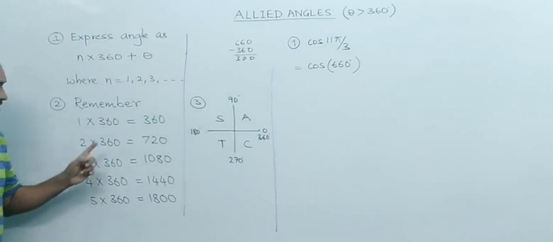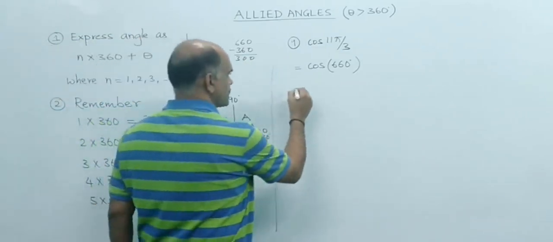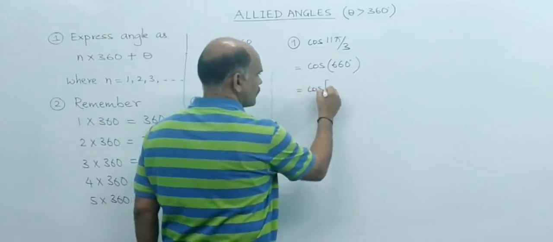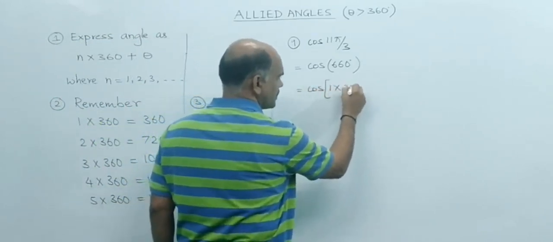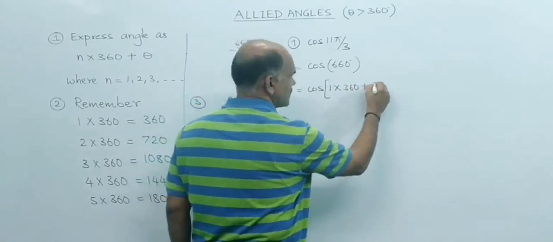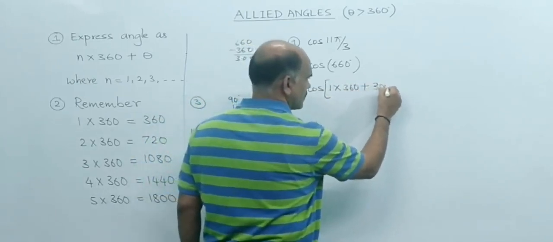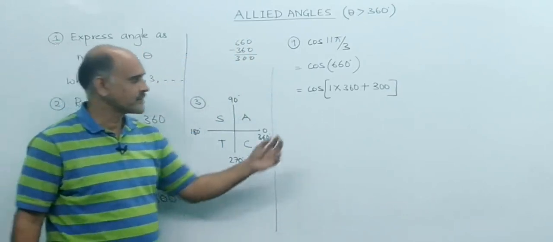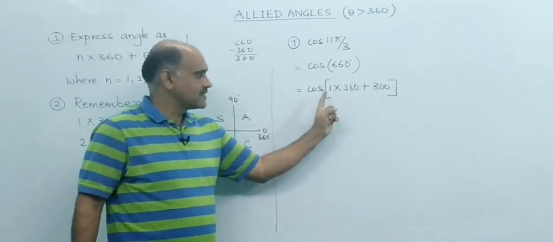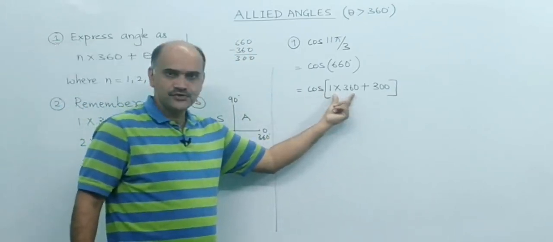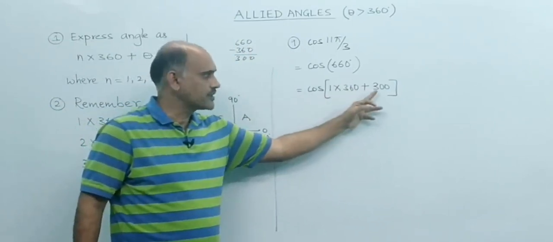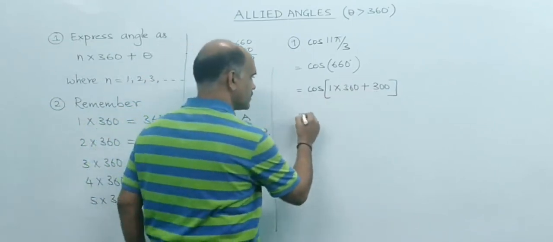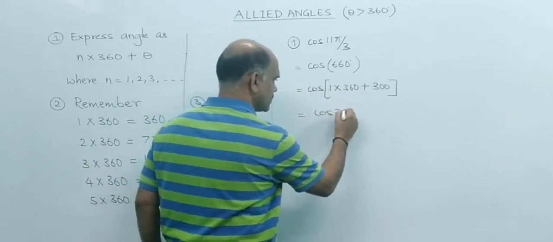So 660 I can write as cos of 1 into 360 plus 300. Again by our method, this 1 into 360 you should leave. What remains? 300. So you will have cos 300.